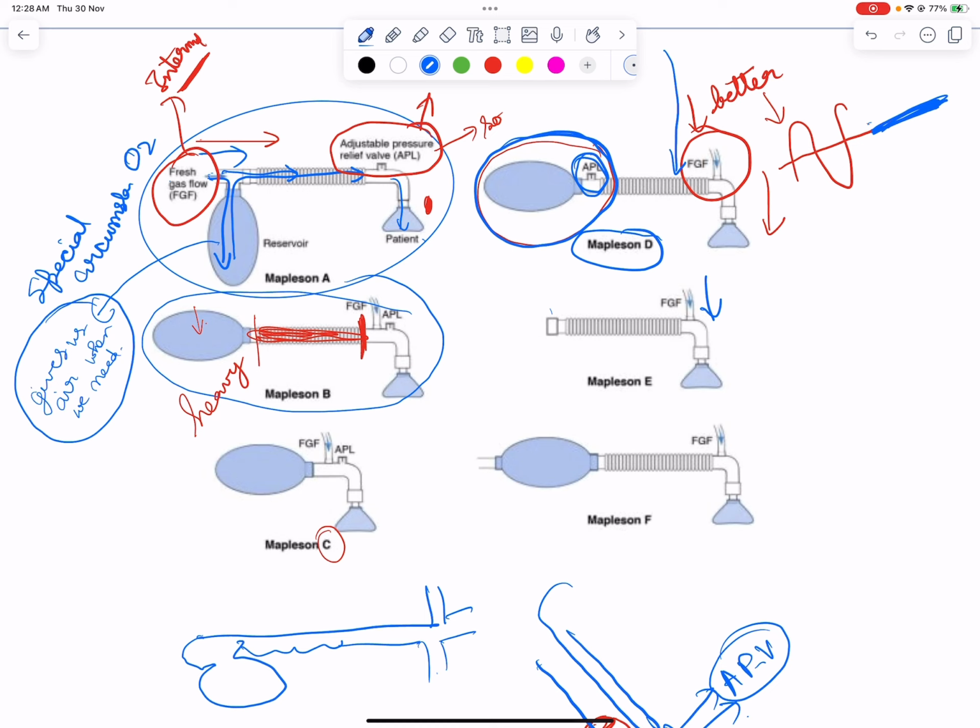Now in Mapleson F, see, the adjustable pressure valve was needed in case there was excess supply. But what if we control the excess supply somewhere in the tube, wherever the supply of oxygen is being given, rather than providing it separately on each Mapleson, there can be a whole wall for a single room where the pipe is coming.